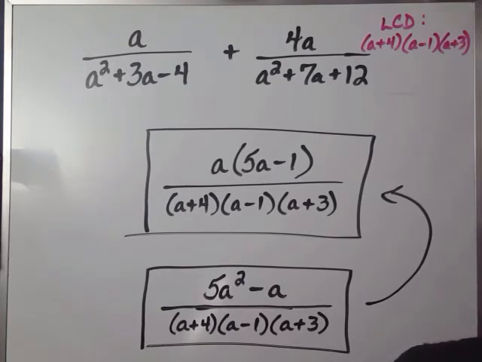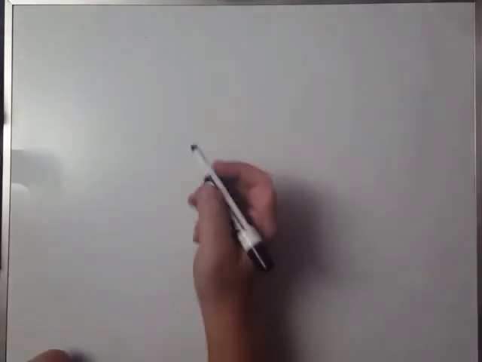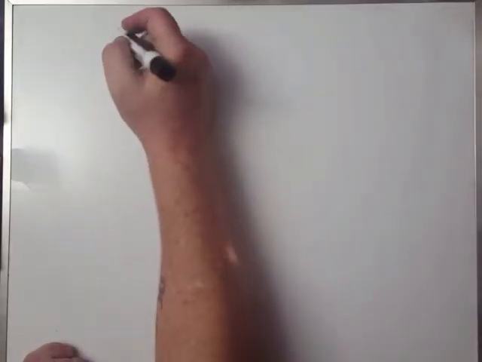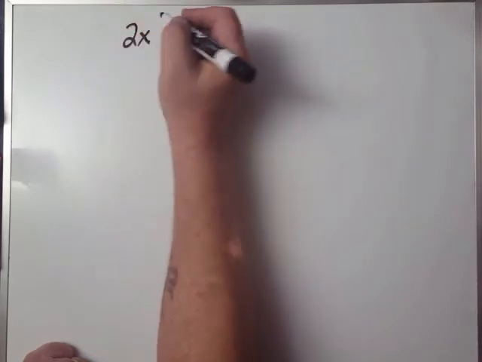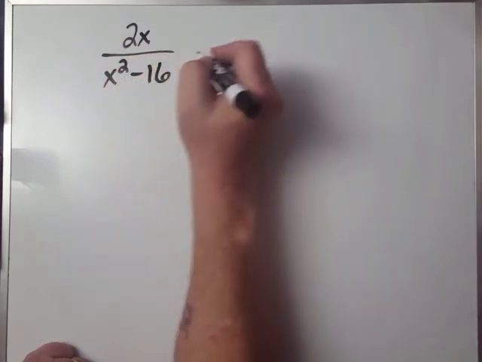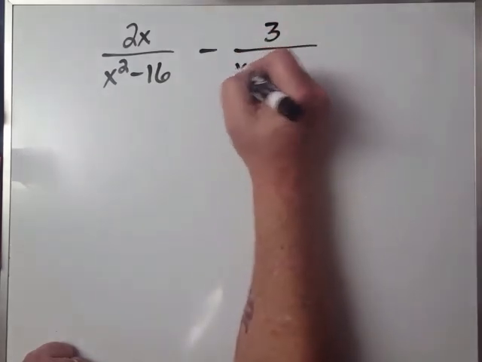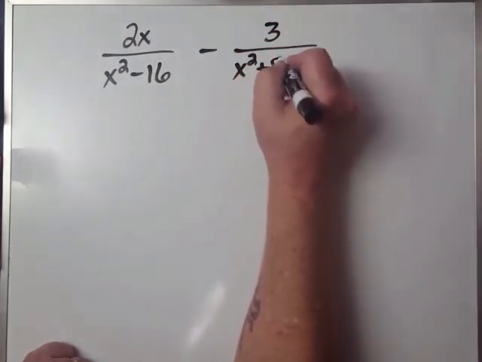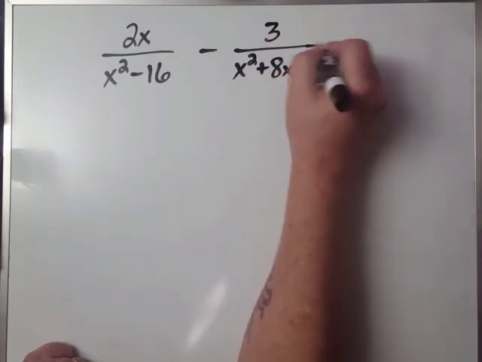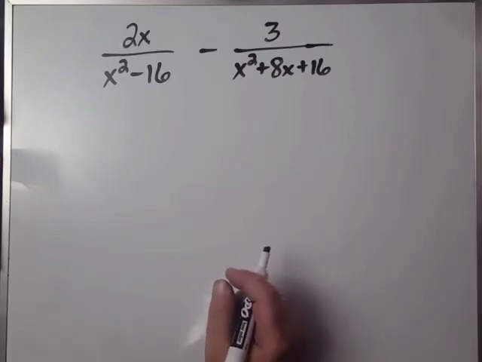Number 50. I need to subtract these two rational expressions that have different denominators.